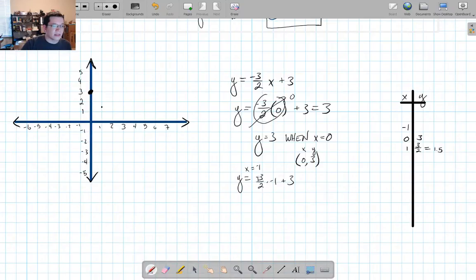And the negative and the negative cancel, and we're left with a positive. And we got to do more mixed fraction stuff. So 3 over 2 plus 6 over 2 equals 9 over 2, which is 4 1/2.